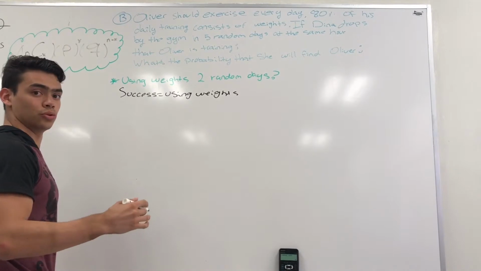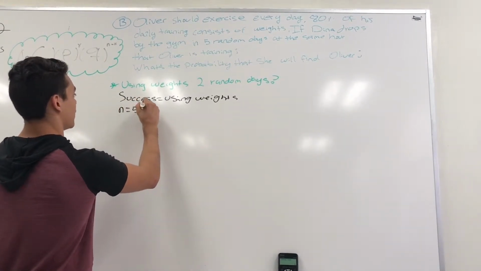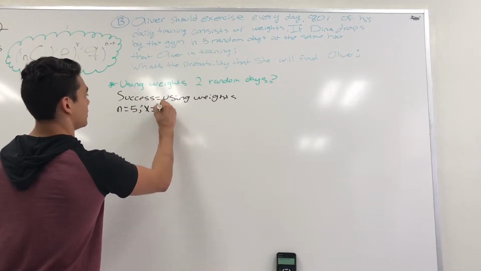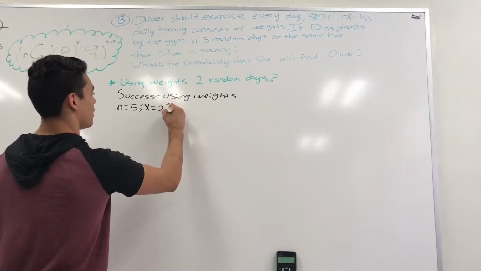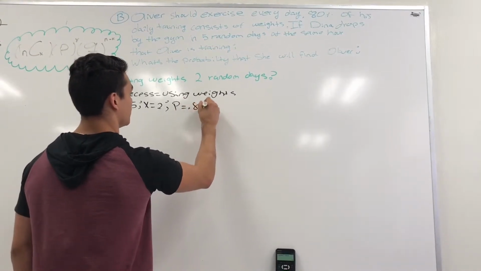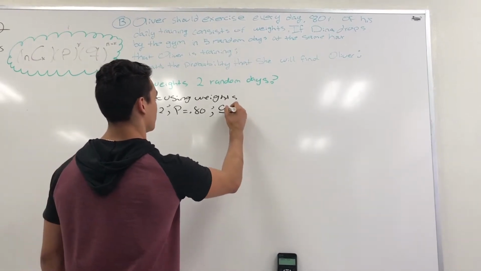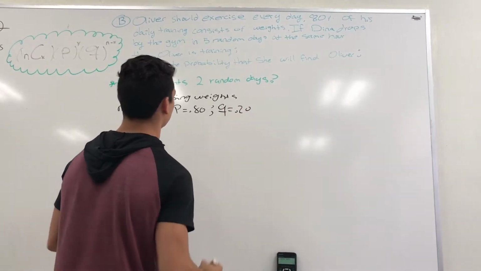Then we collect all the data: n being 5 random days, x being 2 random days, the probability of success, which is 0.80, and the probability of failure, the complement of p, being 0.20.